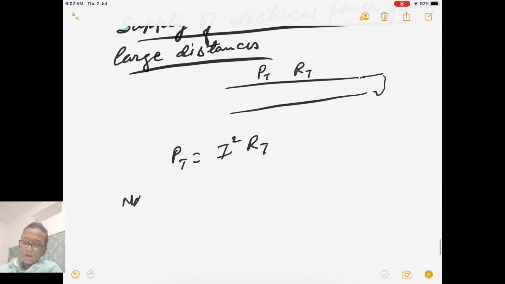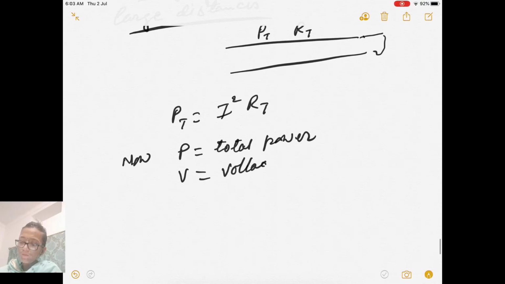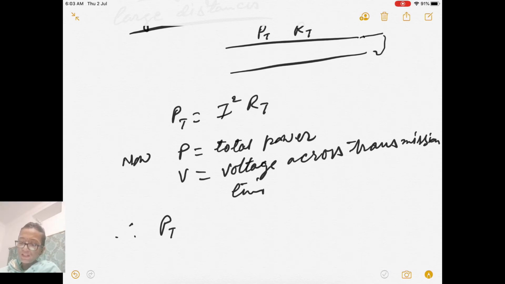Now if voltage across the terminals is V and total power is P, V is the voltage across the transmission line, then power consumed in the transmission line can be written as, since we know that P is equal to IV, in place of I we can write P square upon V square into RT.